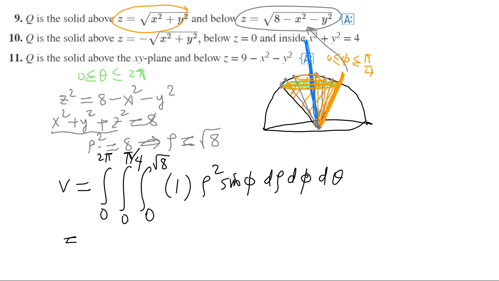Now integrate what? Integrate d rho. So there's no need for sine. Integrate rho squared, rho cube over 3. Yes. So 8 radical 8 over 3.